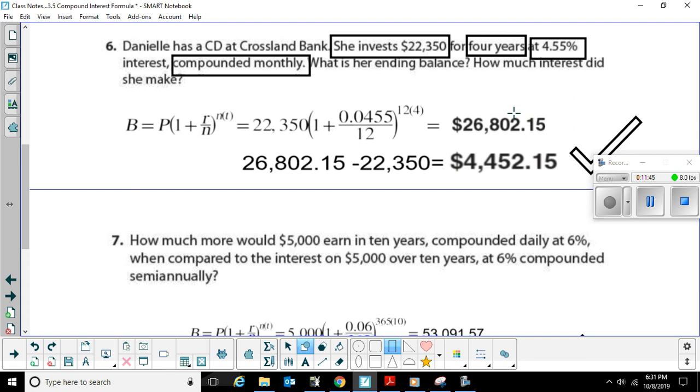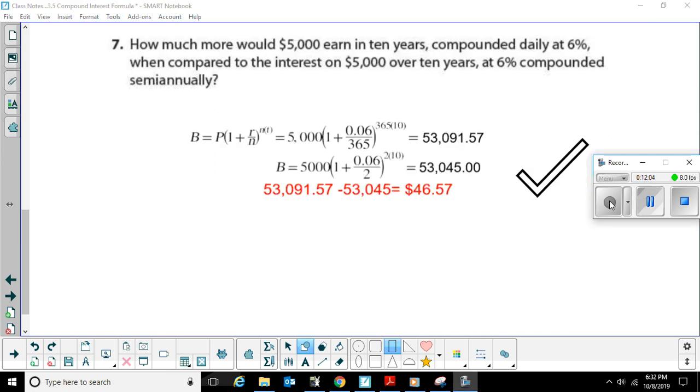I subtract that from my starting balance of $22,350, and I see that what I've earned in interest is a little bit more than $4,000, $4,452.15. Not bad.